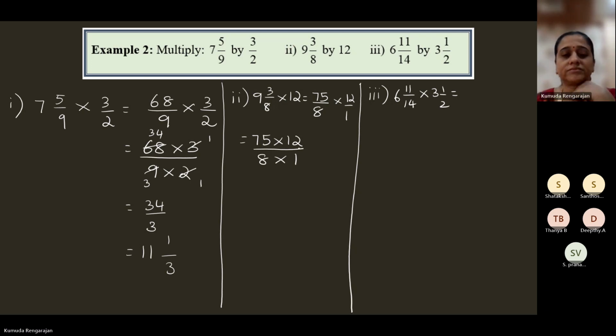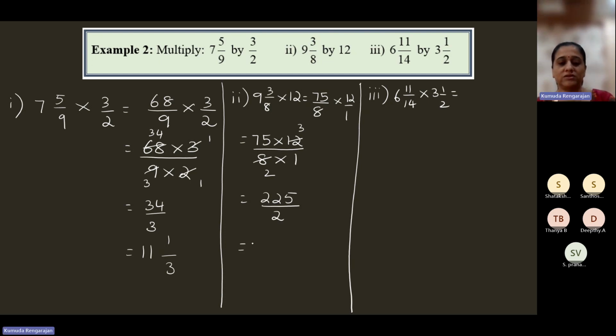And the answer is 225 by 2. We have to convert it into a mixed fraction. The mixed fraction is 112 1 by 2. So 75 into 3, 225 divided by 2 as a mixed fraction, 112 1 by 2. Very good.